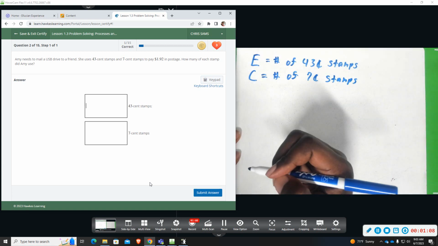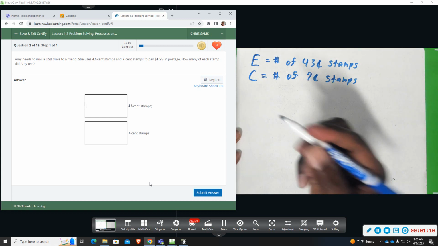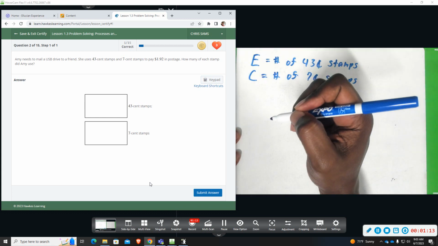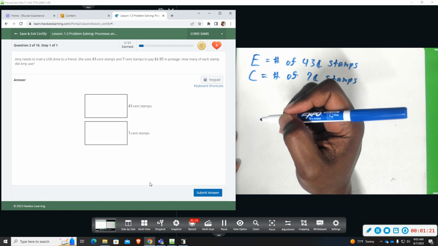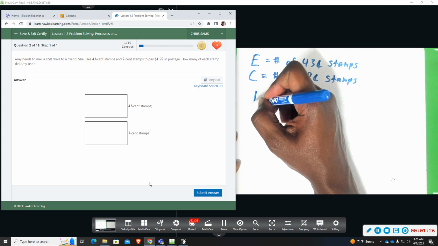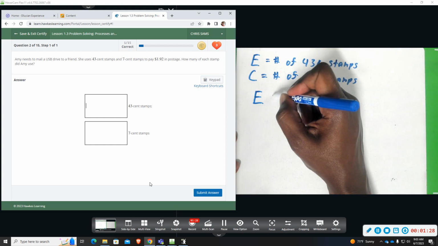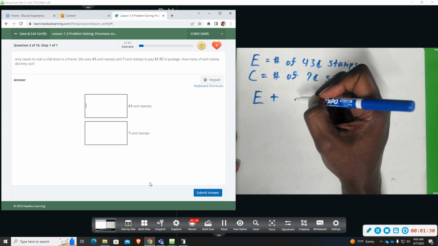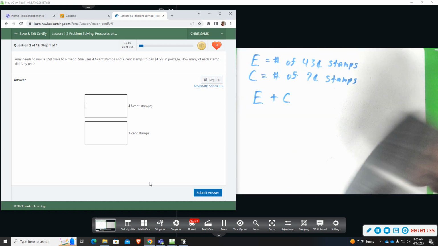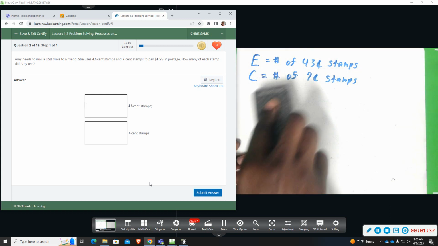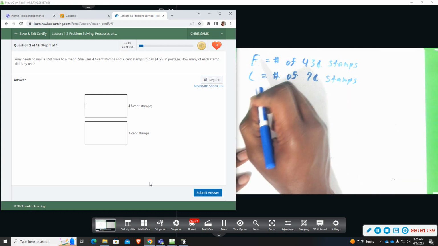Okay, so I know that if I add E plus C, actually, I need to do the cost because this is only the number of stamps.